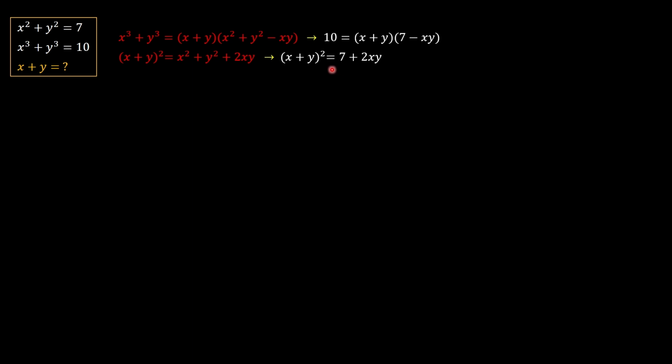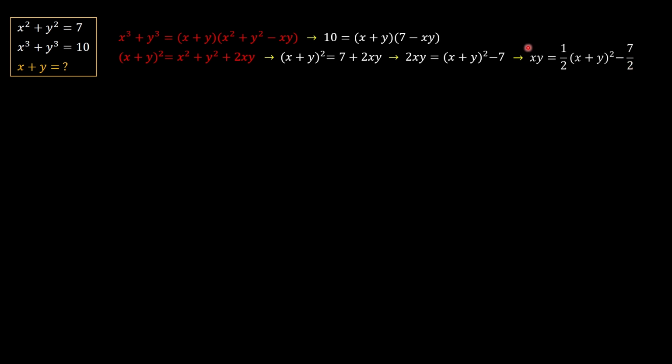Now if we subtract the 7 from both sides of the equation, we get 2xy equals (x plus y) squared minus 7. Then let's divide both sides of this equation by 2. Then we'll get xy equals 1/2 multiplied by (x plus y) squared minus 7 divided by 2.